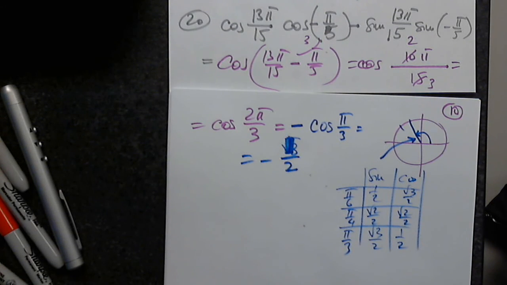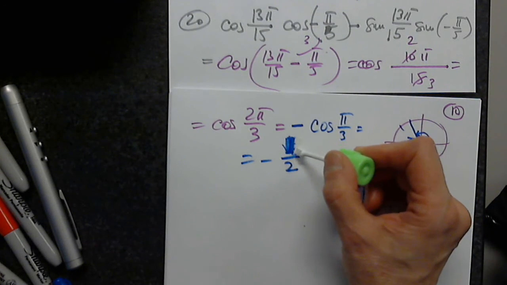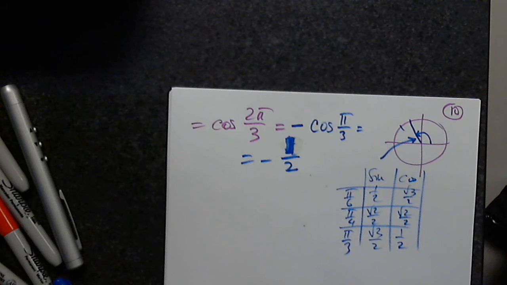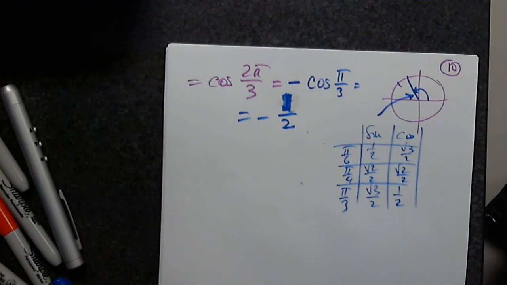So let's move to identities, please. 25 through 42. Please choose. Let's look at identities. Okay, I will choose.